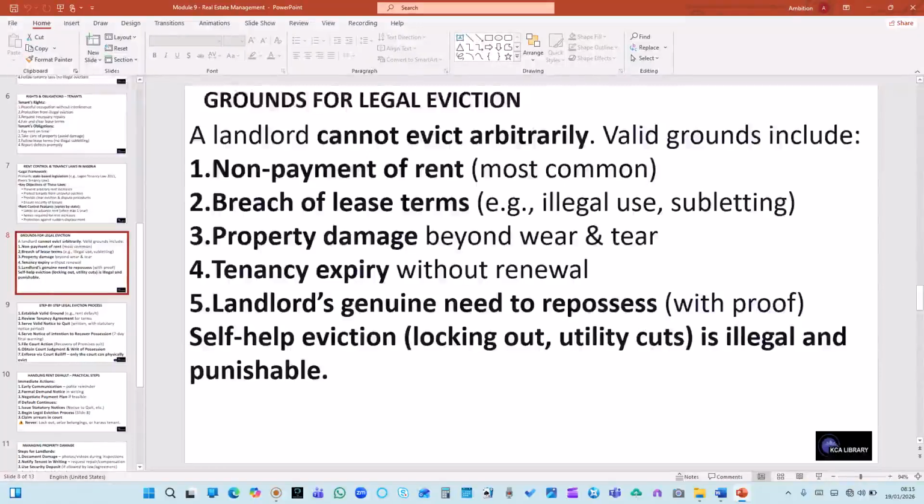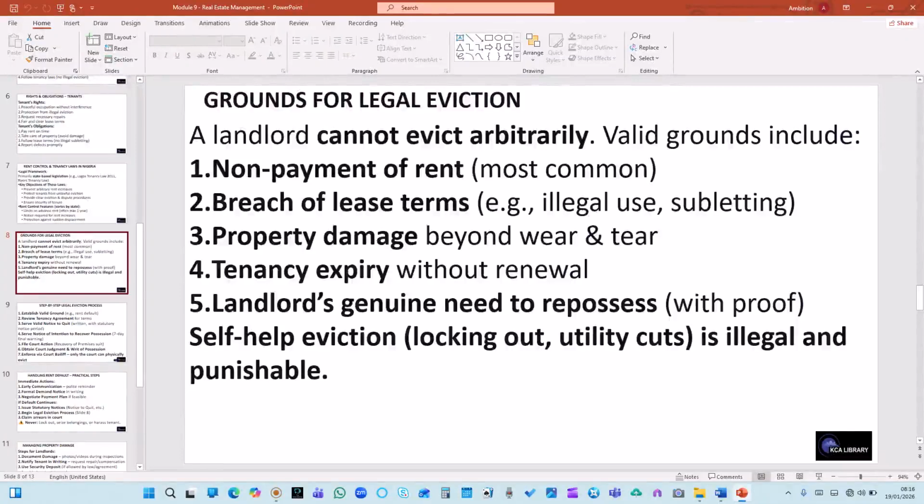Now let us look at grounds for legal eviction. That is to say, a landlord cannot evict arbitrarily. So a landlord cannot evict a tenant illegally. Valid grounds must be followed. One, non-payment of rent. So when a tenant fails to pay his rent as agreed, then it serves as a ground for eviction.